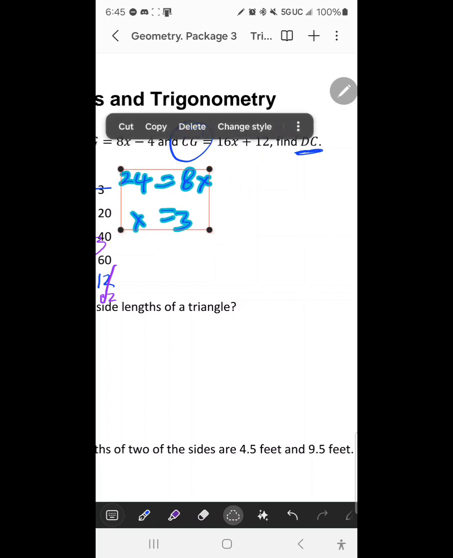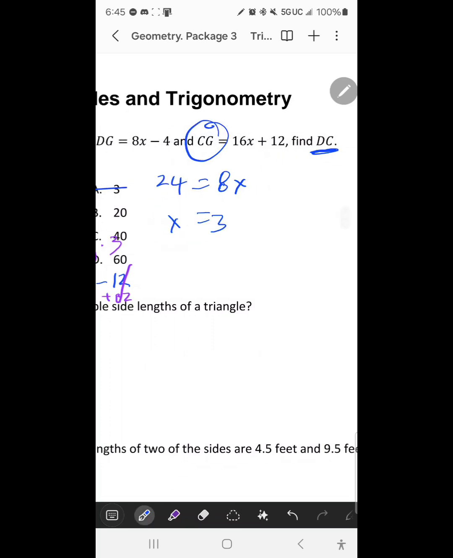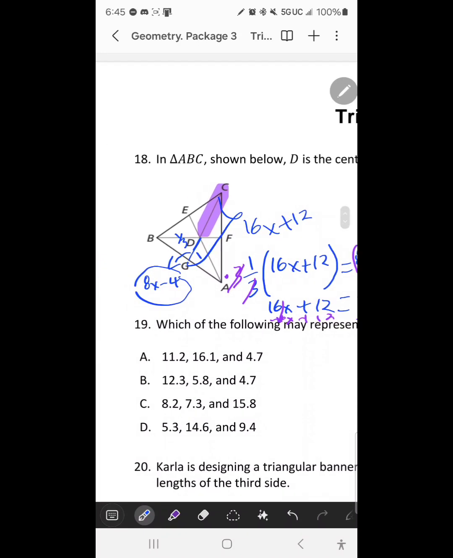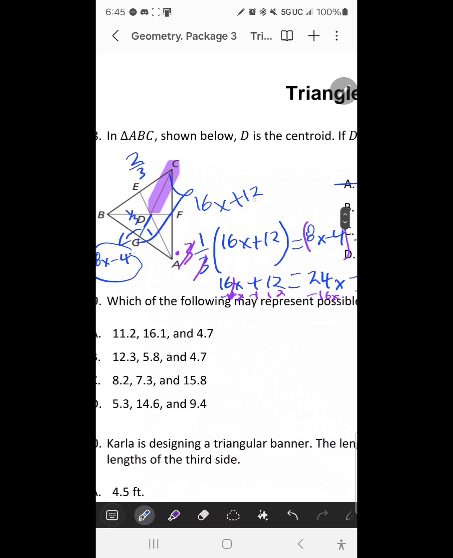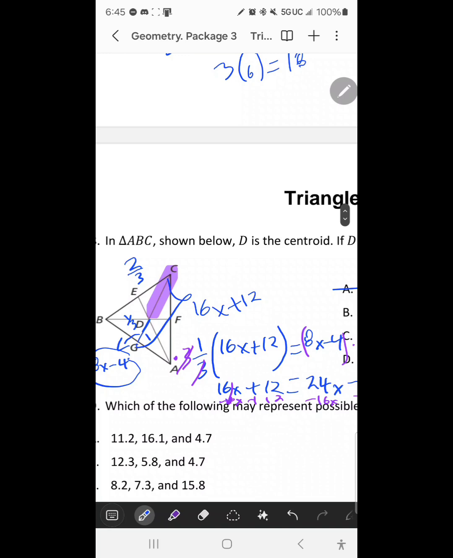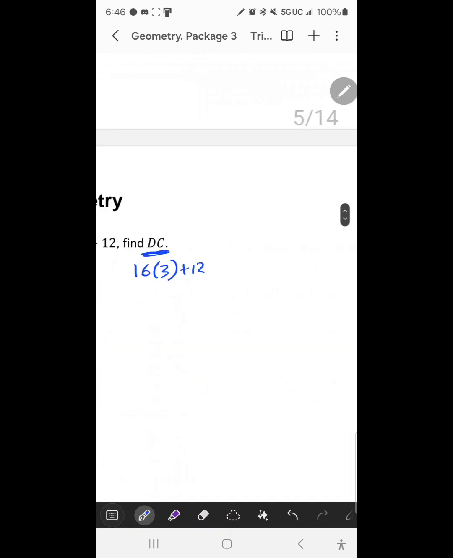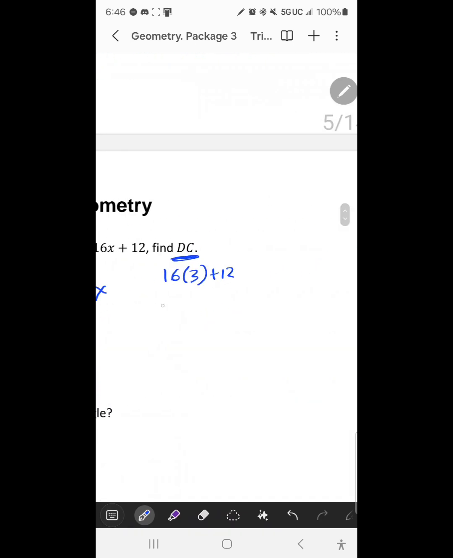We have the value of x, and we know that this side is going to be equal to a third of the total one. So I'm going to calculate the total one, which is 16x plus 12. So 16 times 3 plus 12. 16 times 3 is 48. You can use a calculator for this.